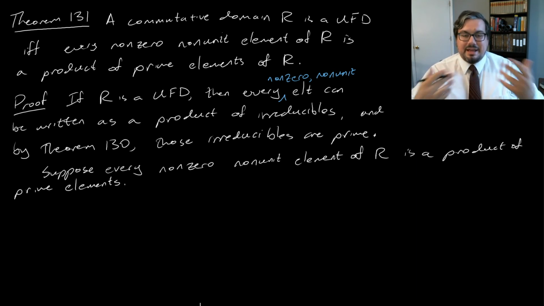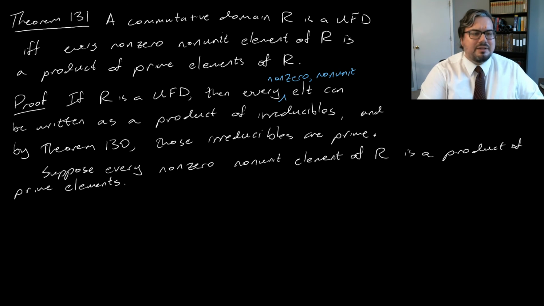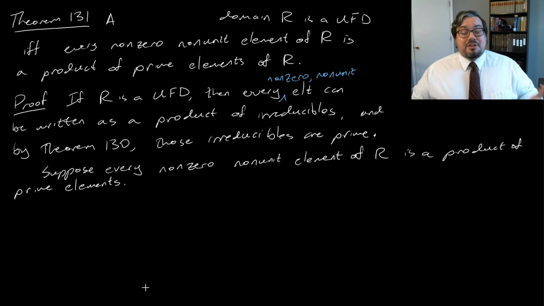We already know that it's a domain. I'm being redundant here, I say commutative domain. All domains are commutative. So we already know that R is a domain, and so we need to show that R is a UFD, meaning that we need to show that every element can be written as a product of irreducible elements, and that that factorization is essentially unique.